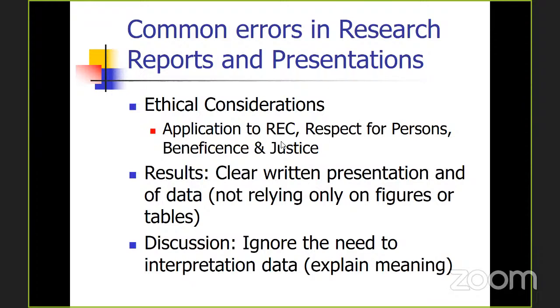And justice: if something goes wrong, we have a plan to essentially bring justice if people are harmed, or if the research goes right, the people in the study or the community where the study was done should benefit from that research. Right, so that's the summary of that.